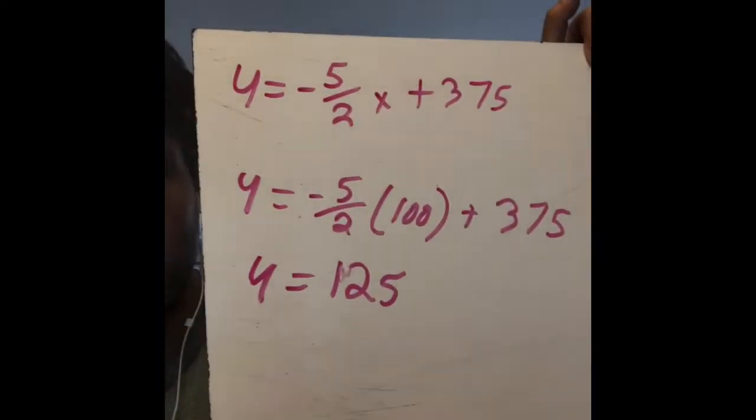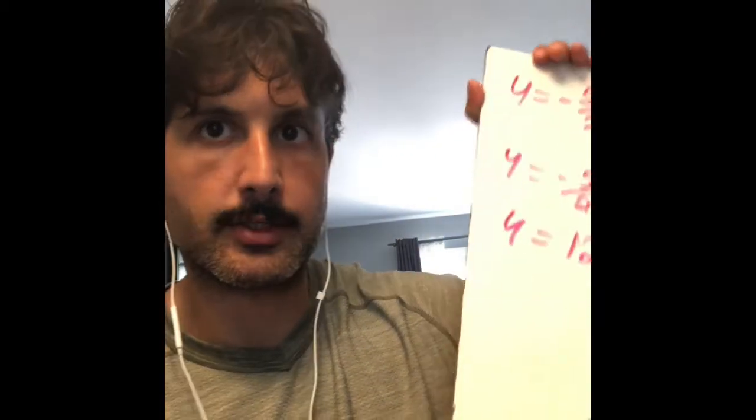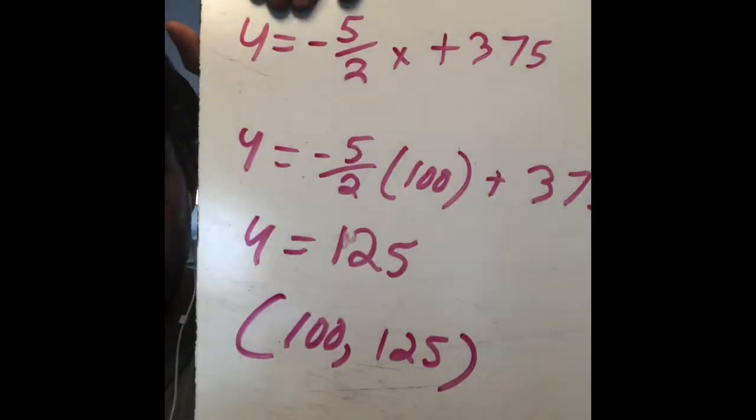I get 125. So if I sold 100 adult tickets, I would need 125 children's tickets. So my X was 100, my Y was 125. So there, 100, 125, that is a point on the line.